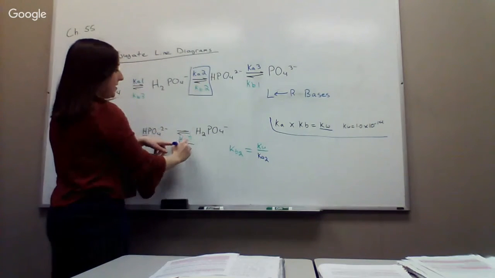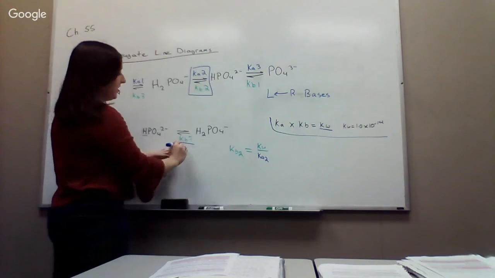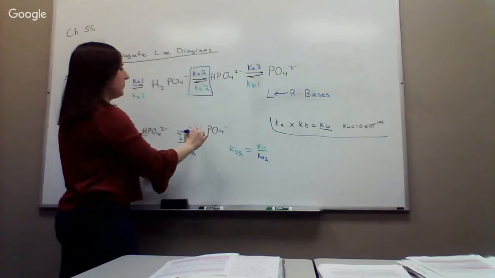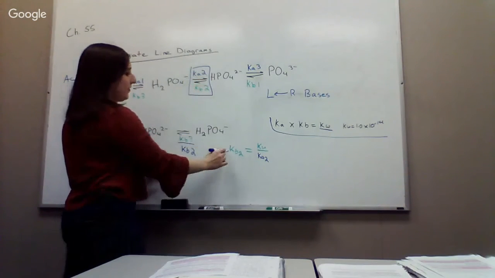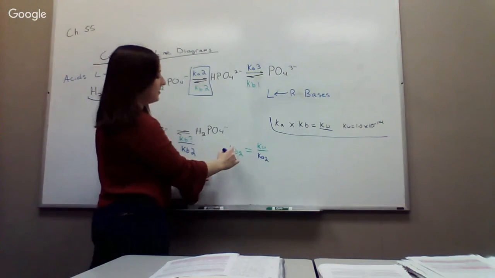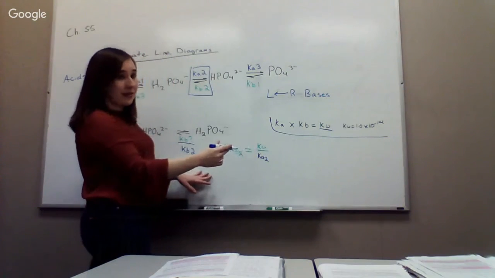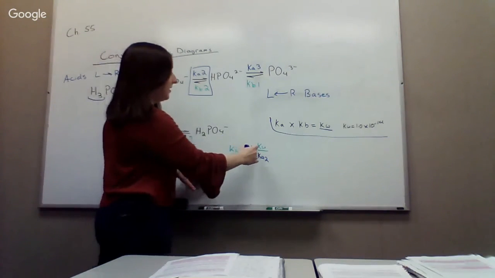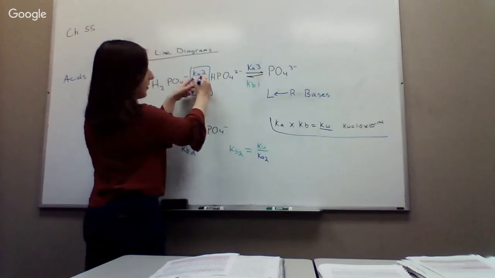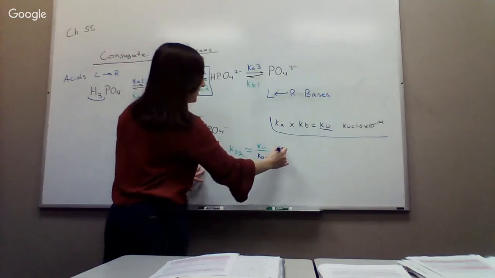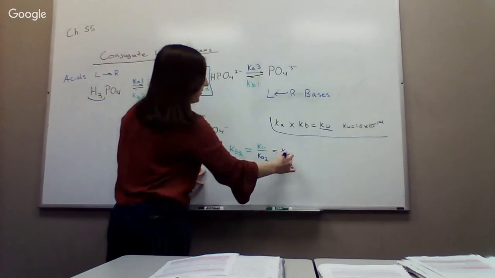So our Kb for this reaction is technically your Kb2. If we're trying to find Kb2, we can do Kb2 equals Kw, still 1.0 times 10 to the negative 14, divided by our corresponding Ka2. And then that will give us our Kb value.